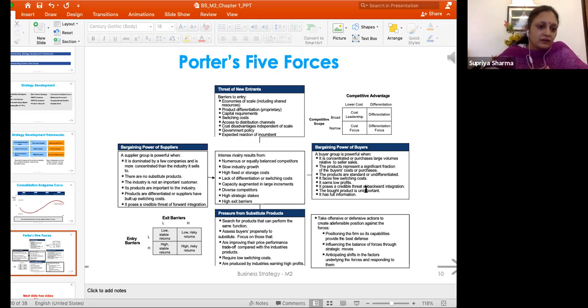Before exit, there are the entry barriers that I have to face, because when I'm working on my entry barriers, my thought process will start working on how to be unique. Because if I'm unique, I will be able to enter any industry at any stage of the consolidation curve. If I'm coming up with something different... it is not every time that a new product or service comes.